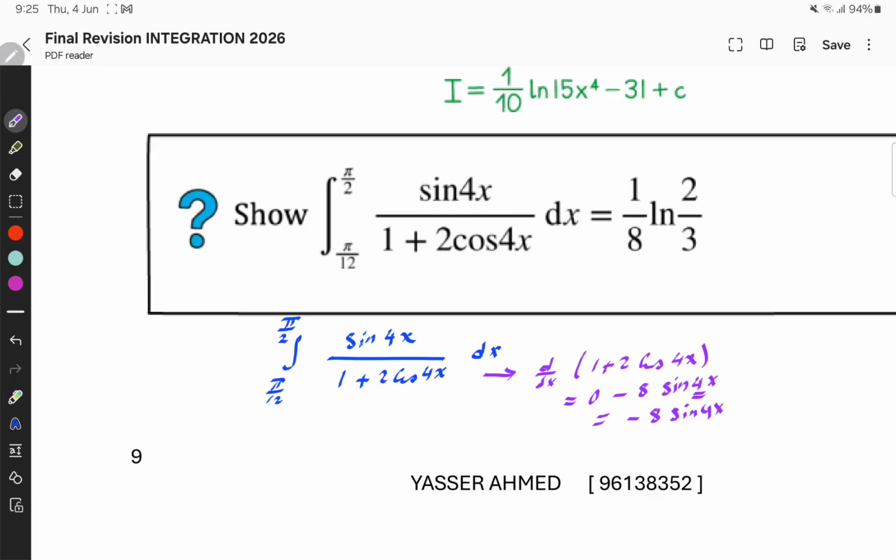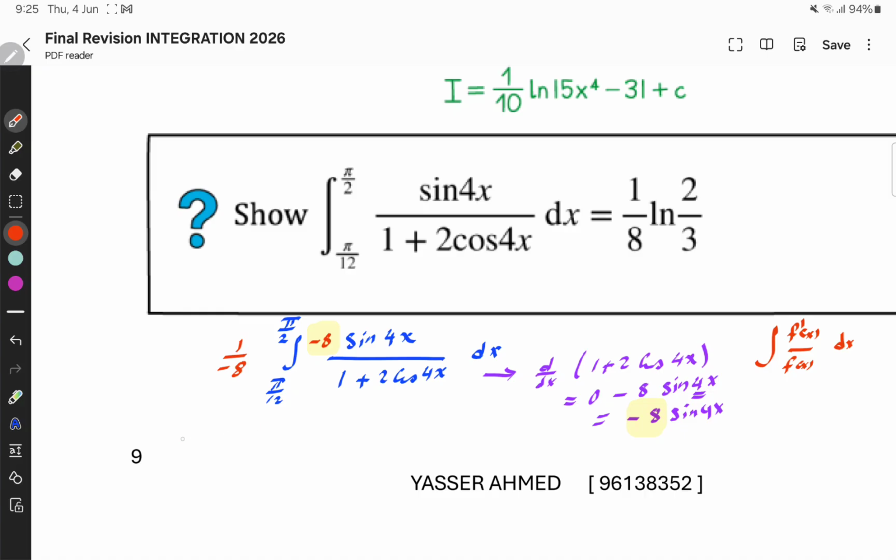What do I have up, Mr.? Sine 4x. But what we're missing is the negative 8, so we need to complete negative 8 here. But we cannot change the value. What we have to do is multiply here by negative 8 and divide here by negative 8, because negative 8 divided by negative 8 equals 1. That changes it to be f of x down and its derivative up.